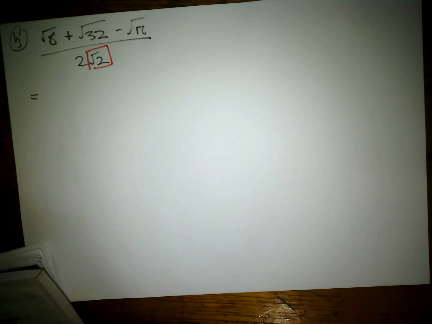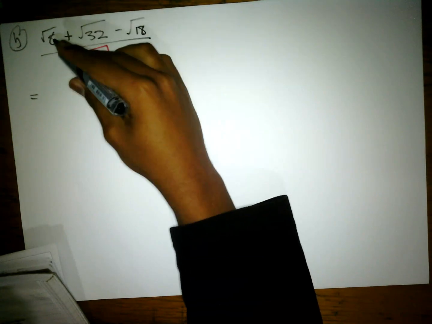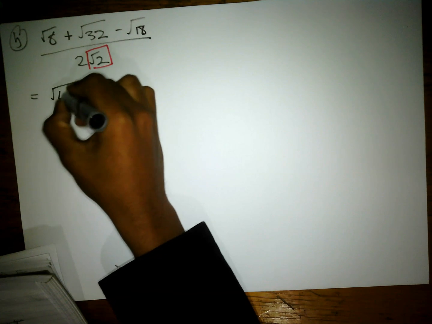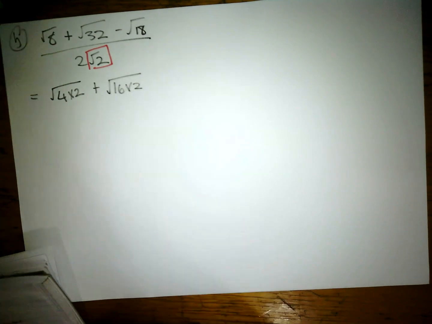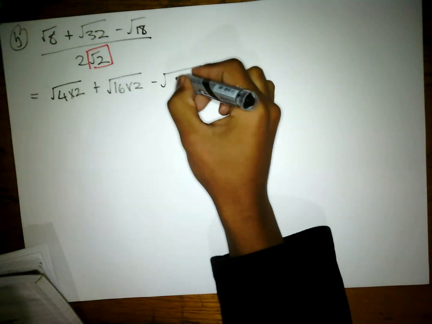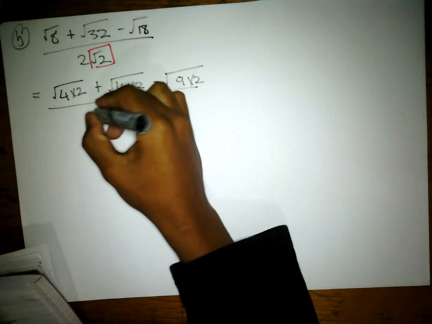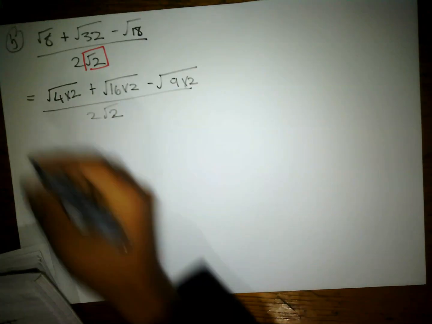So basically we must find the multiples of 2 that will go into this 18, that 32, and that 8. And it's very, very simple. We're going to say 4 times 2 for that 8, plus 16 times 2, minus 9 times 2, over 2 square root 2.